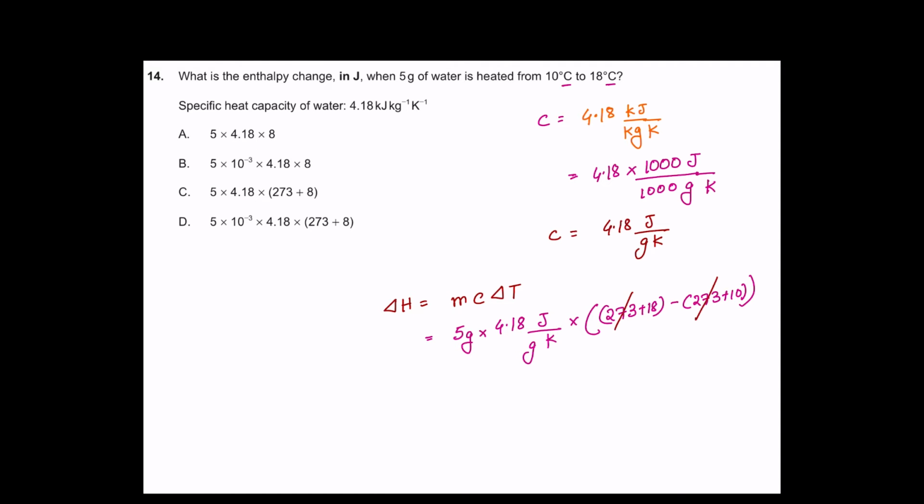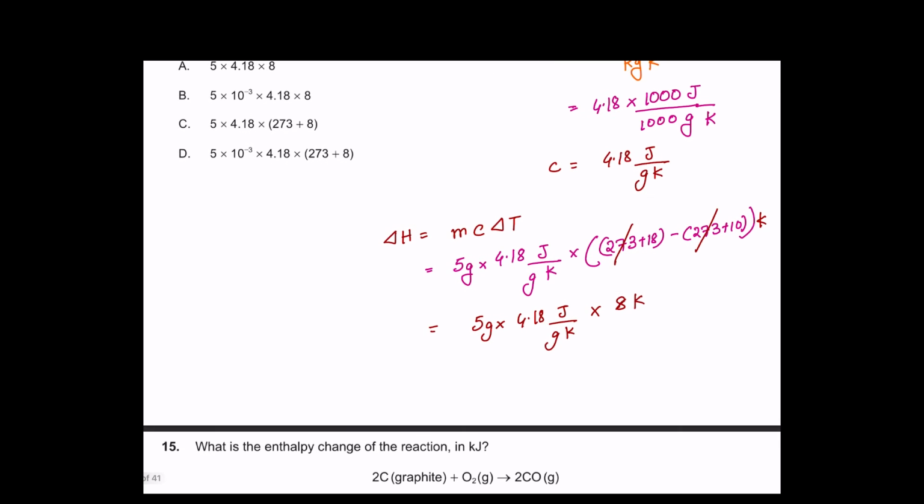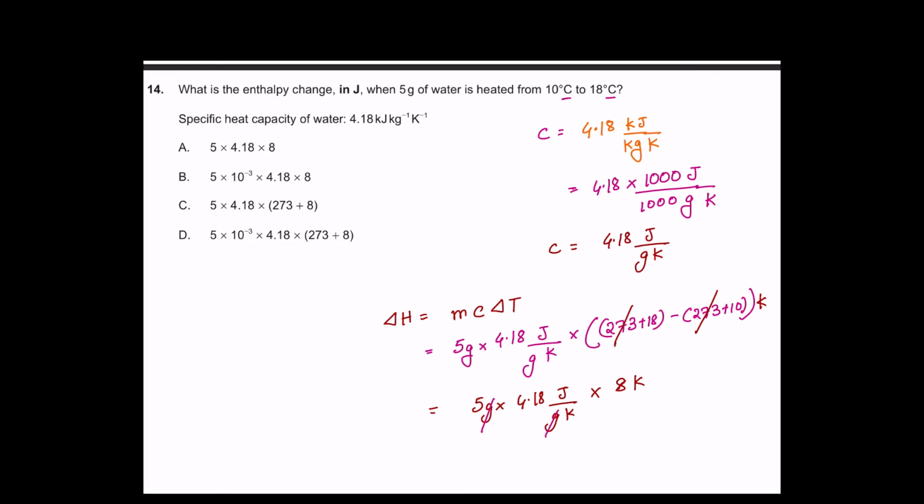When you do the subtraction, the 273s go away, and this becomes 8, and this unit is Kelvin. Now doing the unit analysis, I can just cancel out the grams and the Kelvins. So the final answer is 5 times 4.18 times 8 joules.